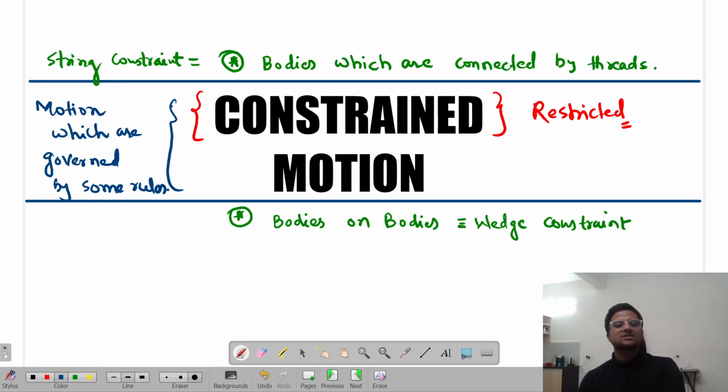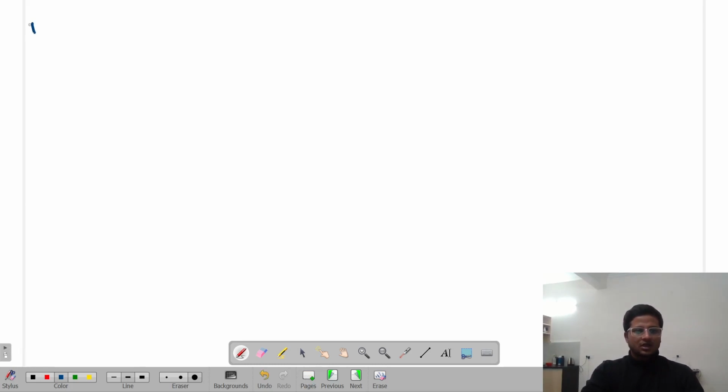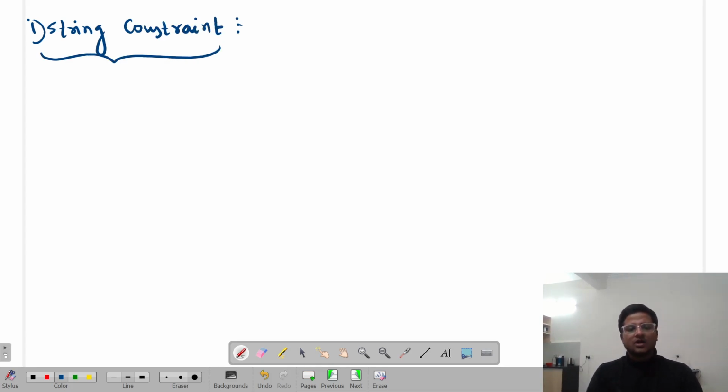That's why we call it constrained motion. Are you able to get me or not? So motions which are restricted by some rules are going to be called constrained motion. The first one of that is called string constraint. We'll understand what this word means.